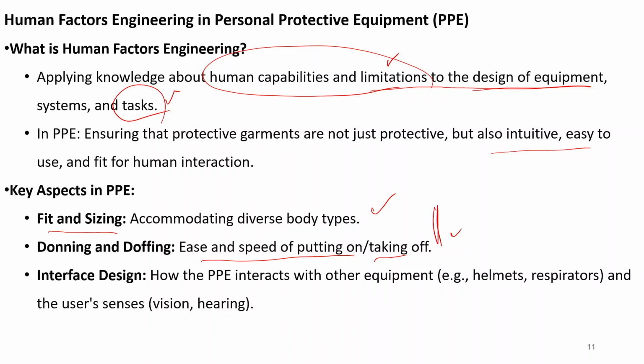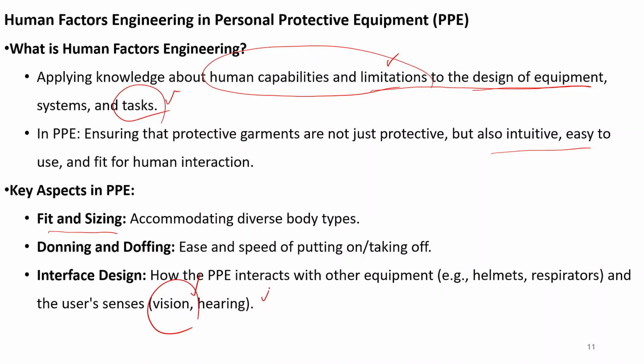Interface design. How the PPE interacts with other equipment, like helmets and respirators, and the user's senses, vision and hearing, is also important in the design. The design of PPE like a mask should not prevent breathing, and it should not cover our eyes or ears.